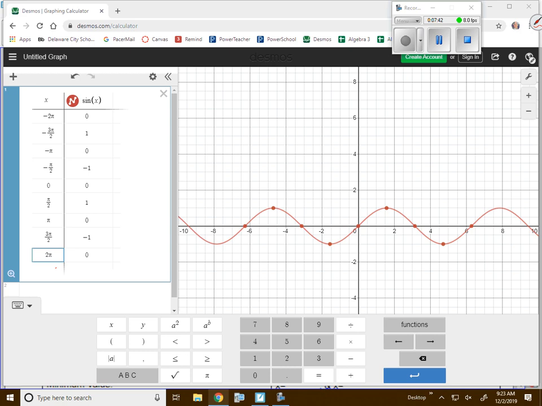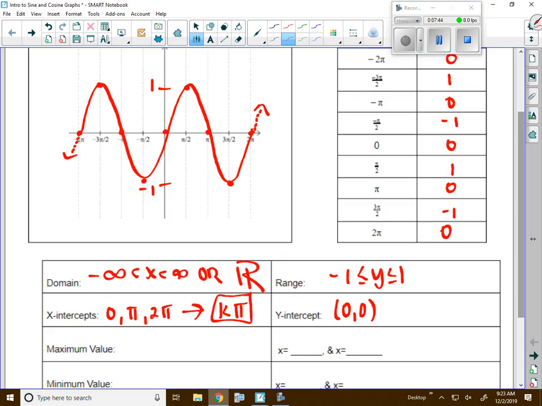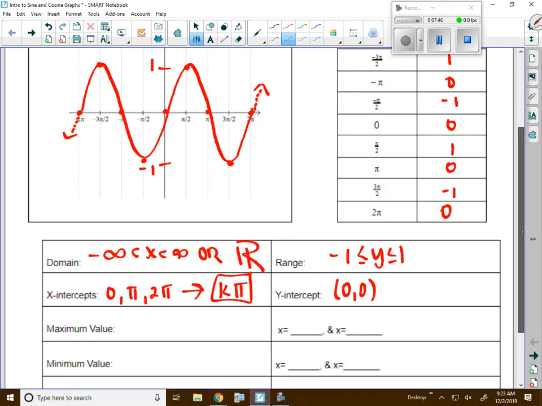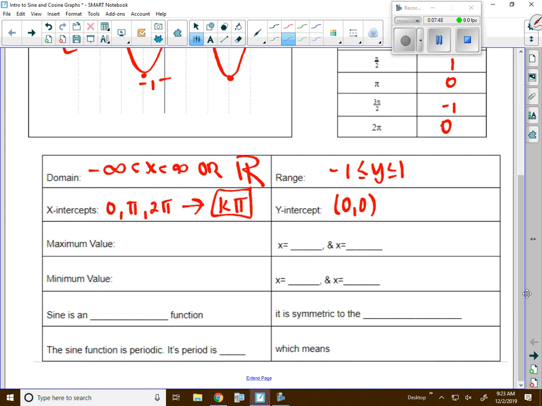So we can make a rule for our maximum values and say they start at pi over 2, and then they add 2k pi each time. So not 2 pi, but 2k pi.